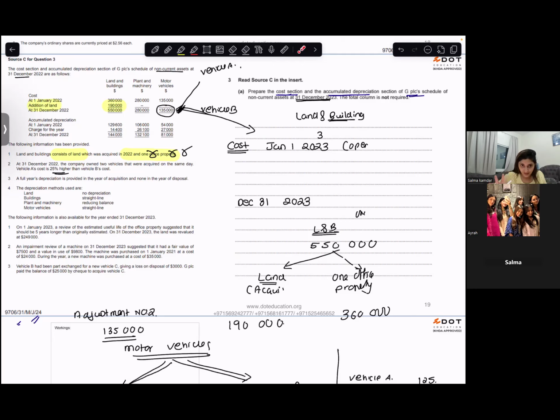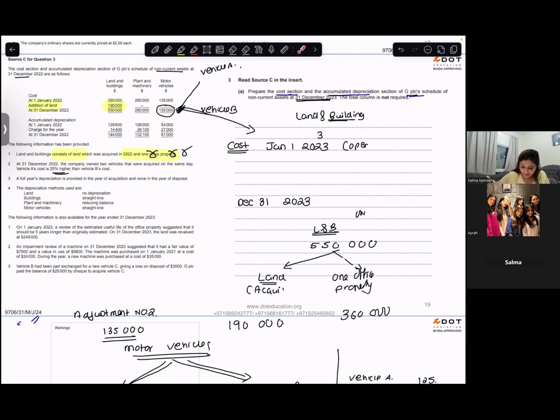For depreciation again: opening, closing, addition, depreciation on new assets, depreciation on the asset disposed, and in this you will also have your charge for the year.